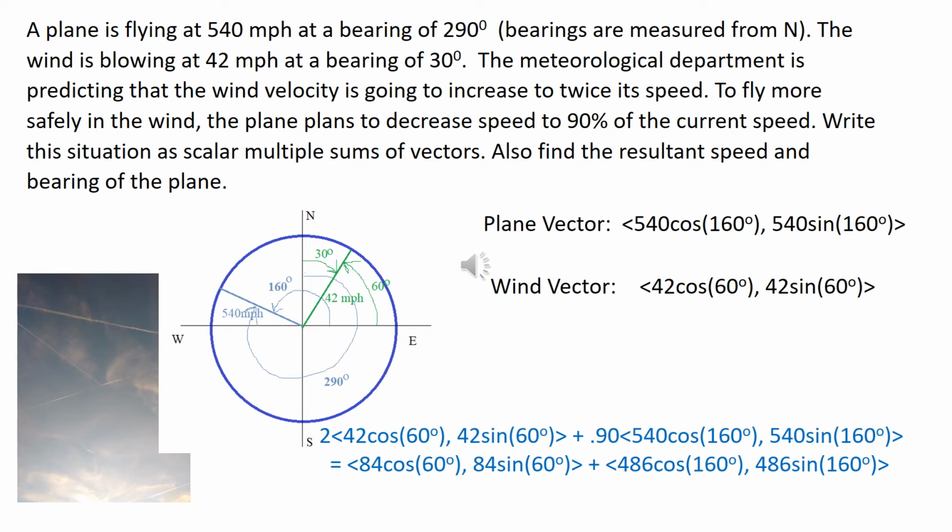So 90% of the plane's components will be 0.9 times the 540 times cosine of 160 and the 540 times sine of 160, giving me 486 times cosine of 160 for x and 486 times sine of 160 for y. So the result will be 2 times the wind vector added to 0.9 times the plane vector.